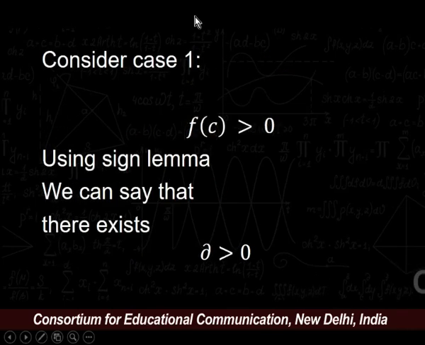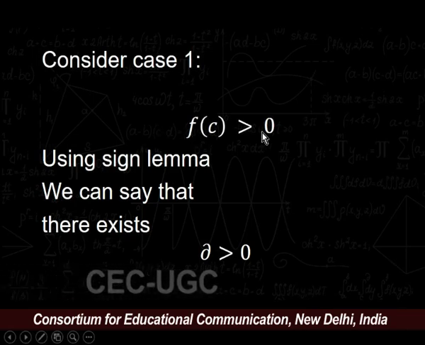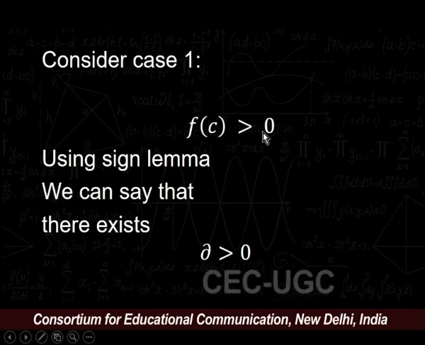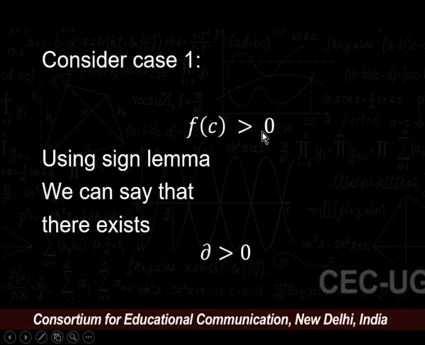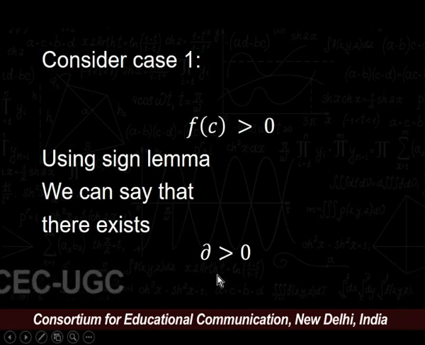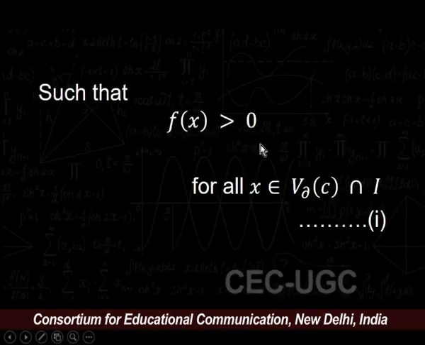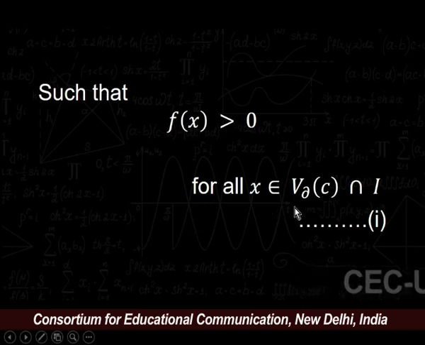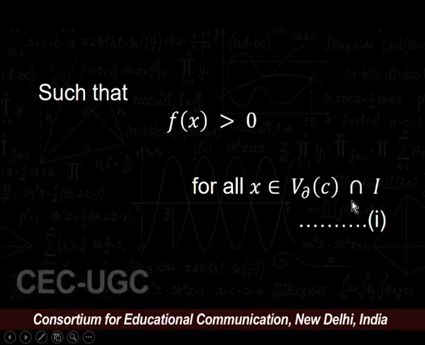Now consider case 1, that means f(c) must be greater than 0. Using the sign lemma, we can say that there exists a delta greater than 0 such that f(x) must be greater than 0 for all x belonging to the delta neighborhood of c intersection the closed and bounded interval I.